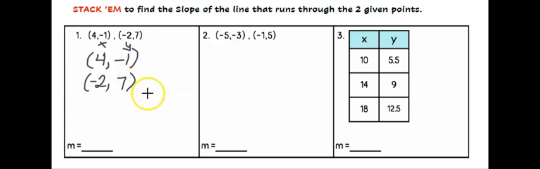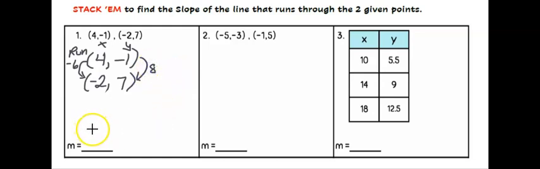But when I write the slope, remember it's rise over run. So to get my x right here, to go from 4 to negative 2, I have to run in the negative direction 6. Just keep that straight, that's your run. And then to get from -1 to +7, I have to rise +8.